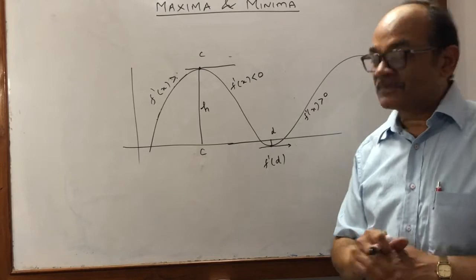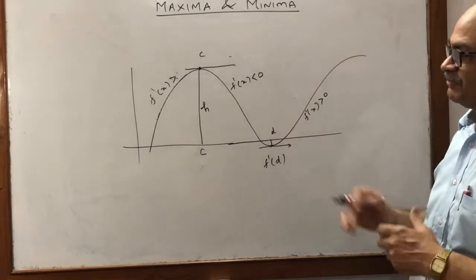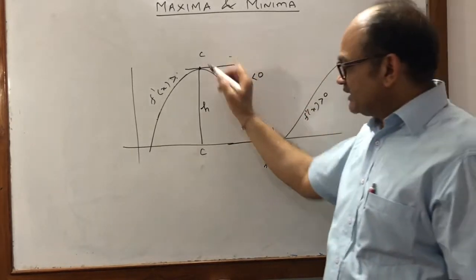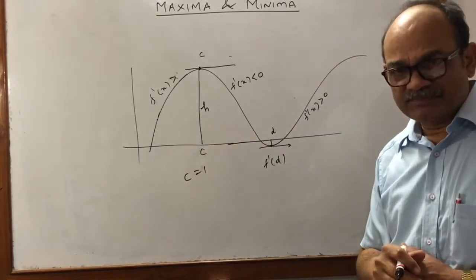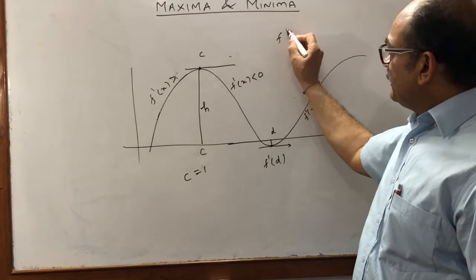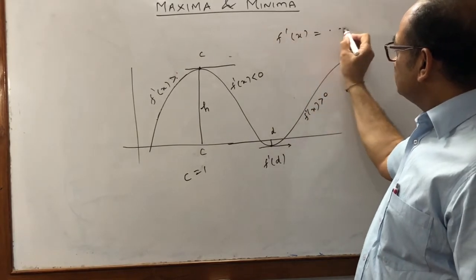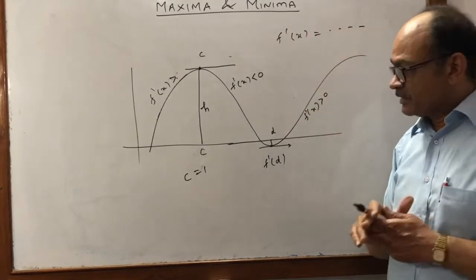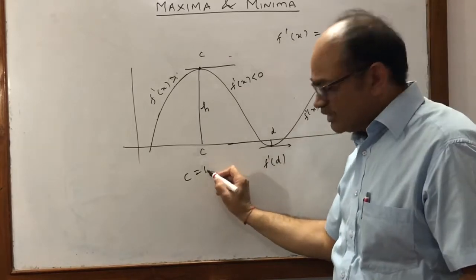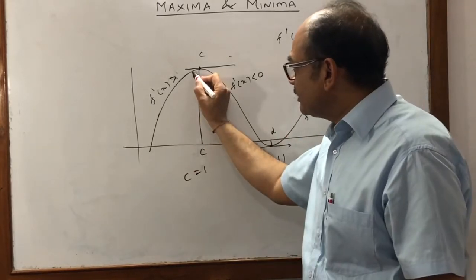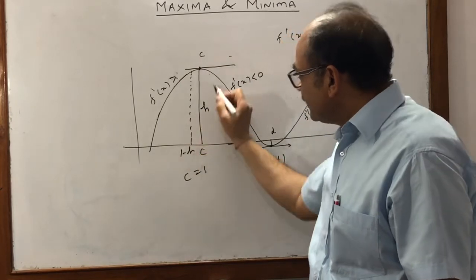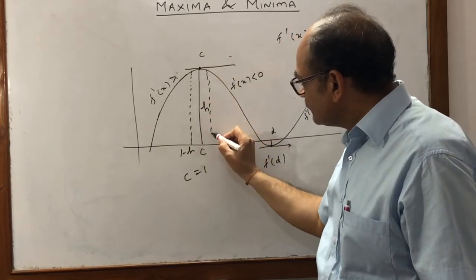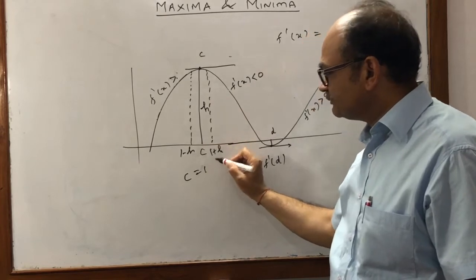Clear? How do we understand the concept with any function? By the way, suppose this value is C equals 1. Then, in the first derivative function, whatever we have, substitute a value slightly less than 1, say 1 minus h, and a value slightly more, say 1 plus h.